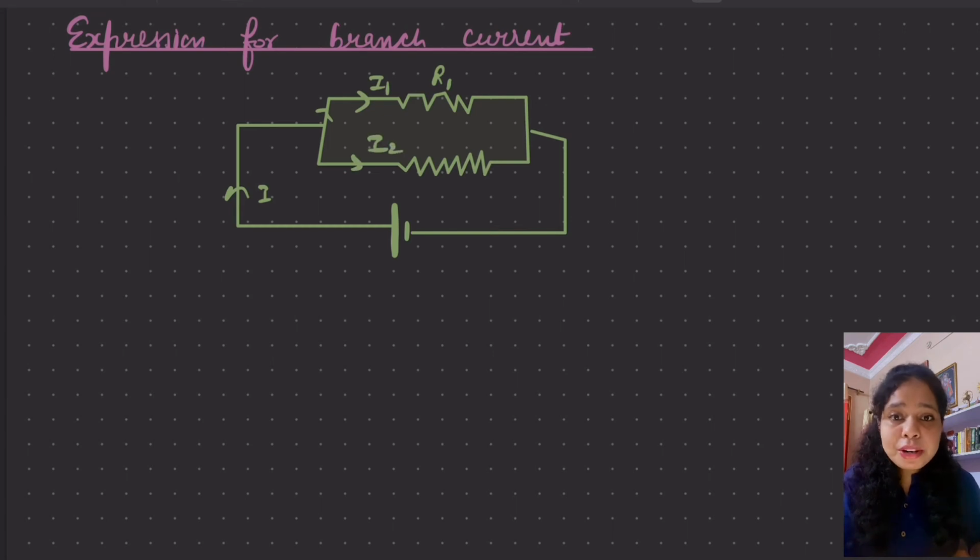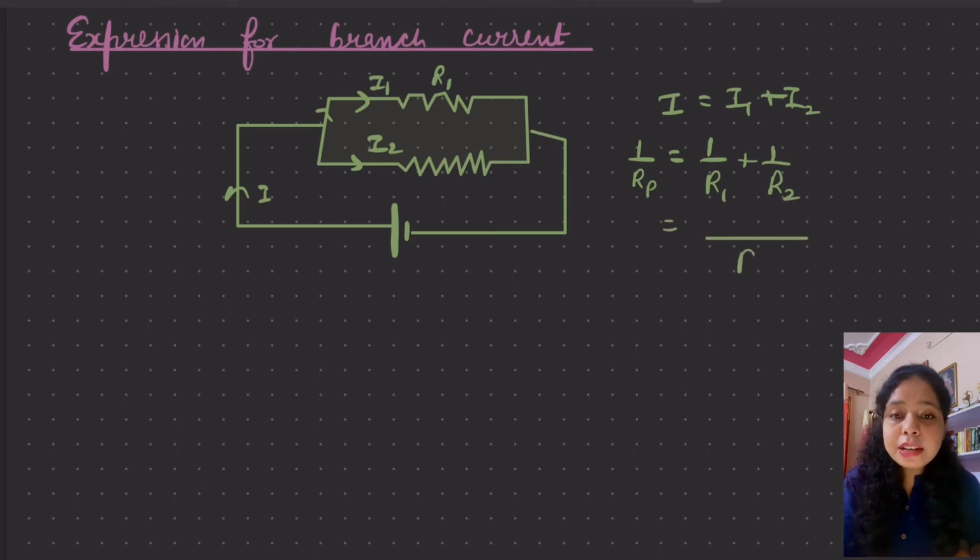For parallel combination, we are aware that 1 upon Rp is equal to 1 upon R1 plus 1 upon R2. Therefore, 1 upon Rp is equal to, taking the LCM, we are having LCM R1, R2, and in the numerator, we are having R2 plus R1. Therefore, Rp is equal to R1, R2 upon R1 plus R2.